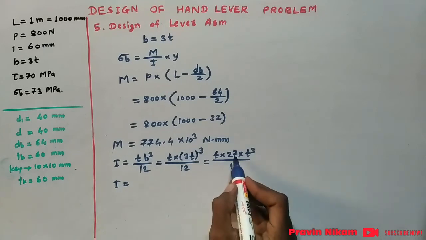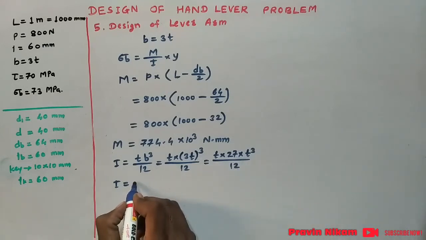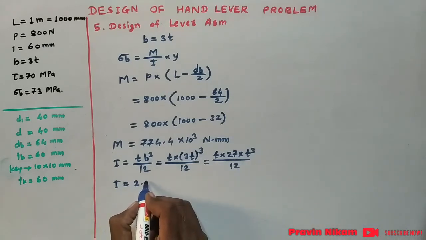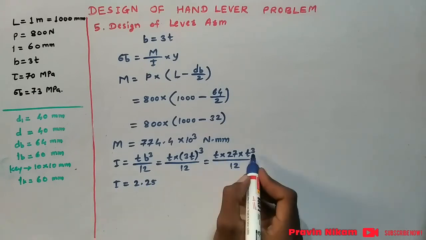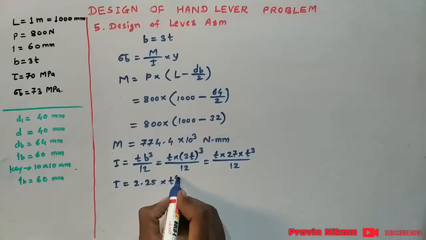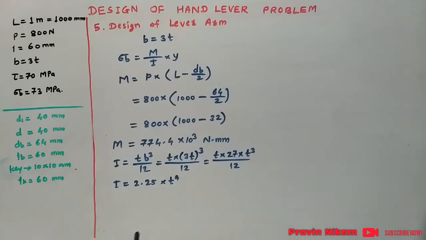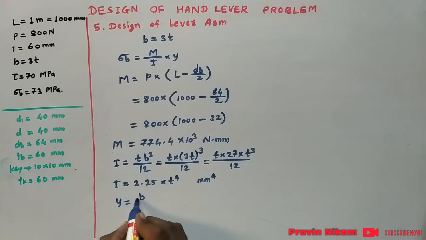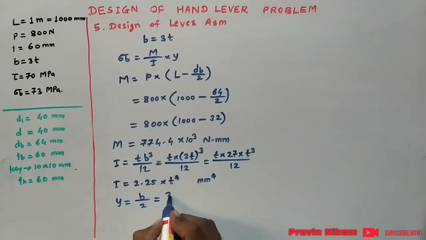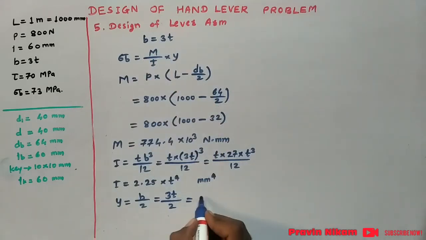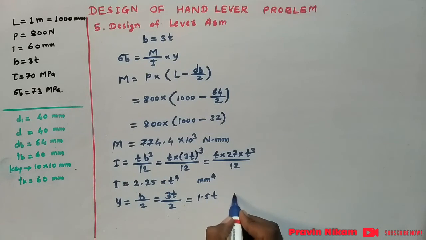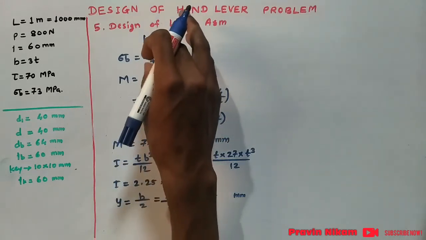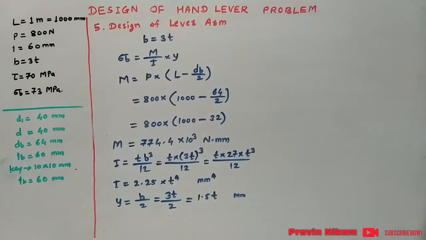So here I becomes 27 by 12, that is 2.25, and T into T cube, that is T raised to 4. So this is the I, in mm raised to 4. Now y is equal to B by 2, that is equal to 3T by 2 because B is 3T. So 3 by 2 is 1.5 times T. So this is in mm.